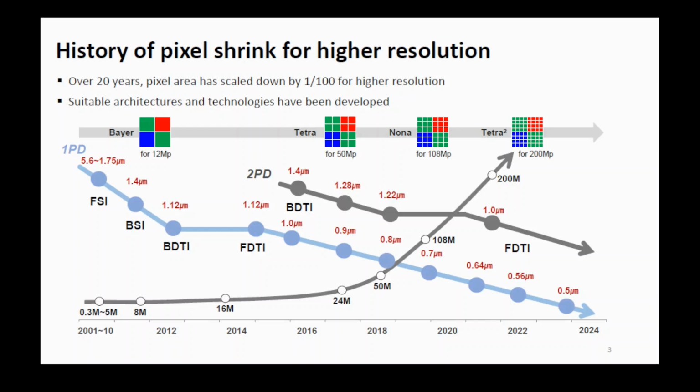We can see that the pixel size has shrunk by more than 1/10, so the area scaled down by 1/100 for higher resolution. We developed a 108 megapixel sensor, and also recently a 200 megapixel sensor.